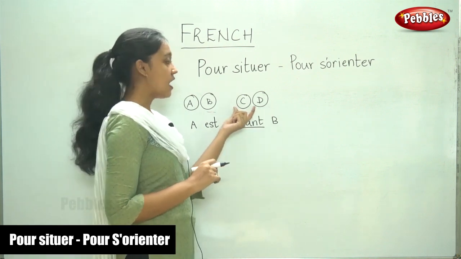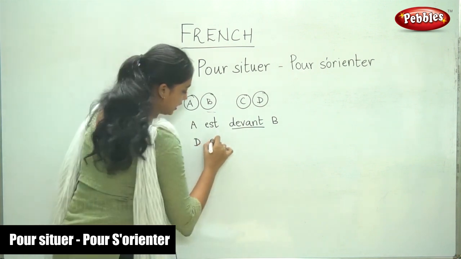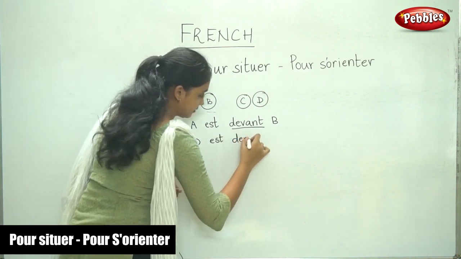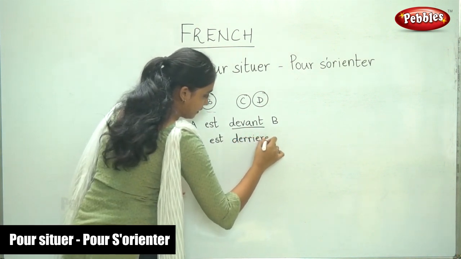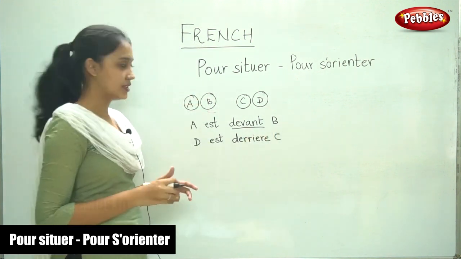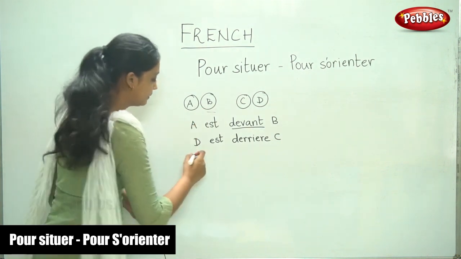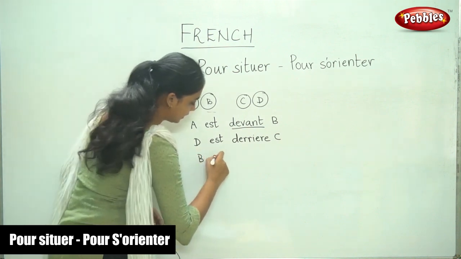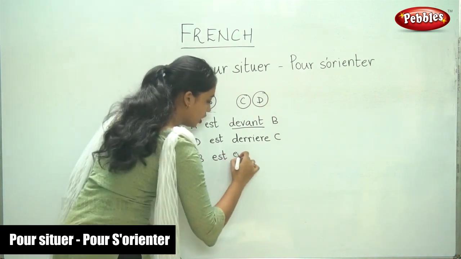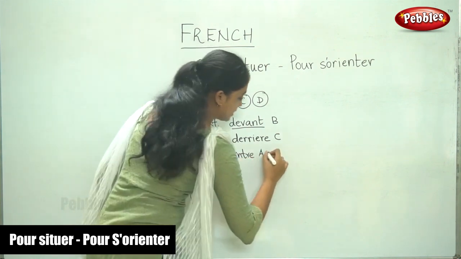D is after C. So, D, derrière. So, after. And finally, what can we say about B? B is in between. So, entre A et C.